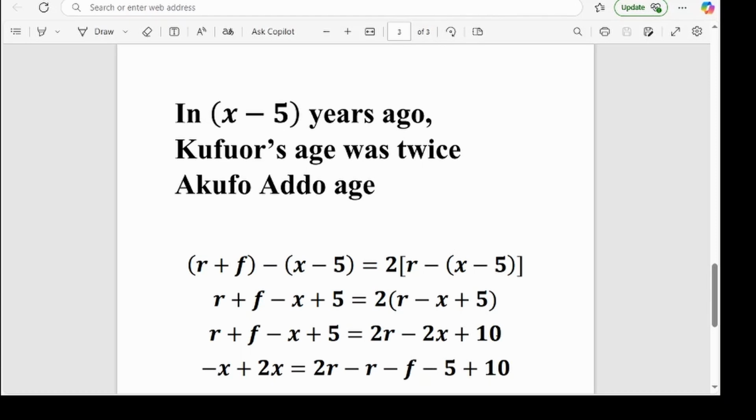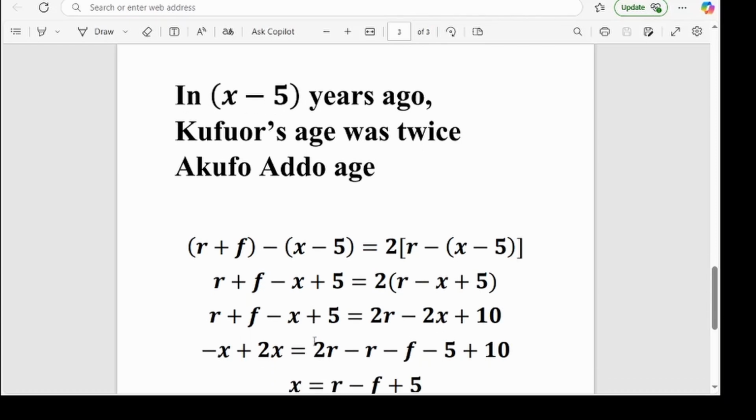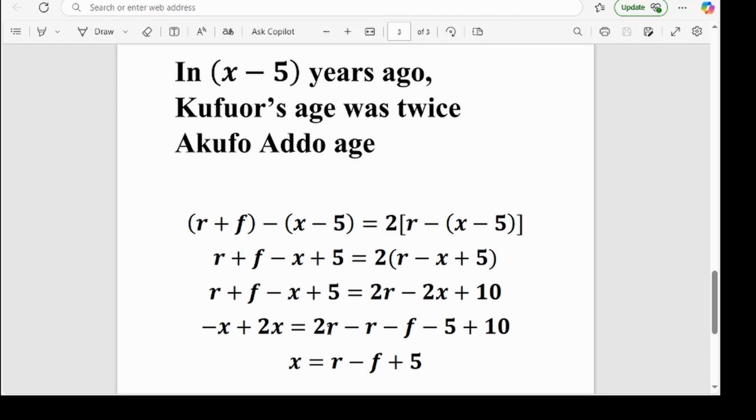So therefore our final equation here will be R plus F minus S plus 5 equals 2R minus 2S plus 10. So we group like terms, right? Grouping like terms, those with similar values would remain at one side, and those with other similar characteristics will remain at the other side.